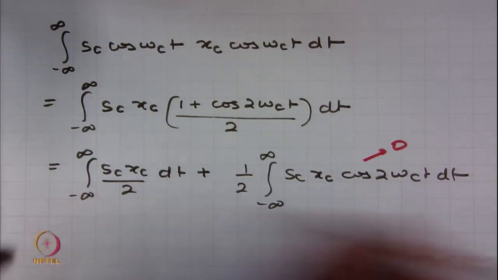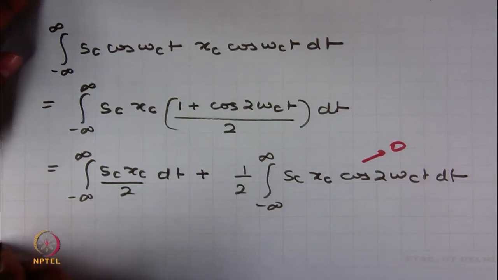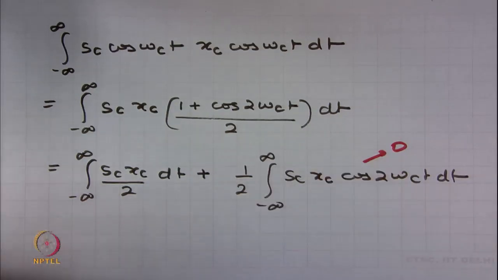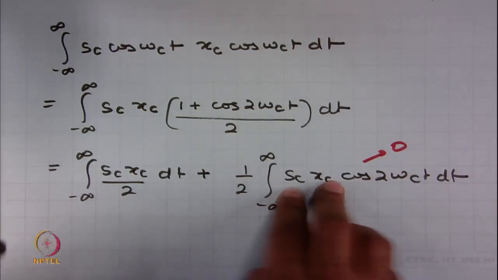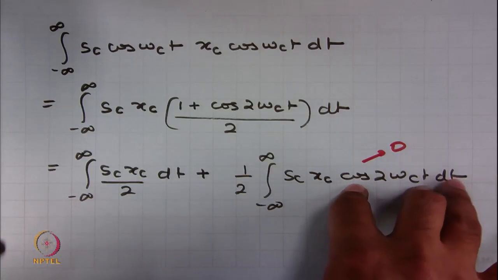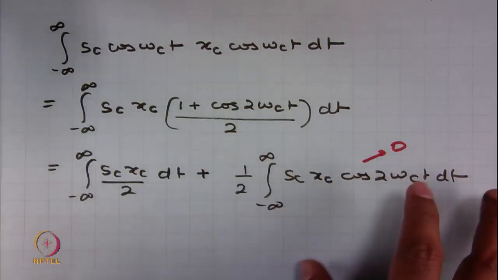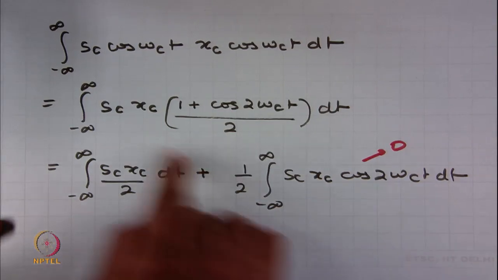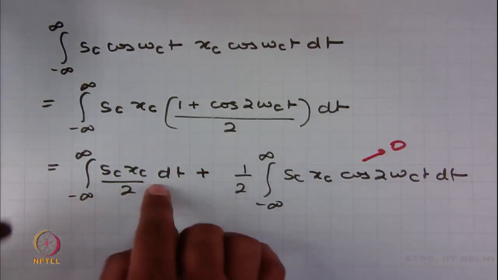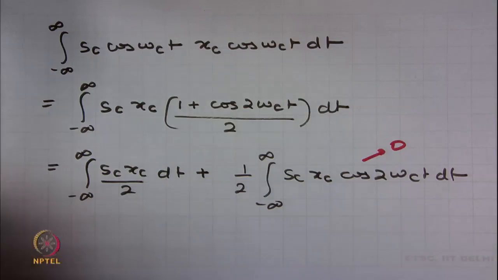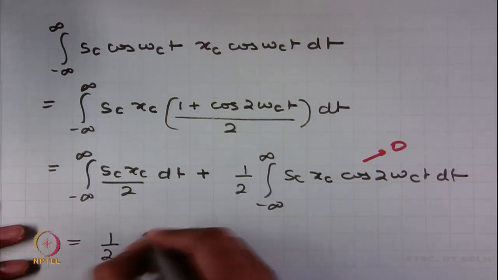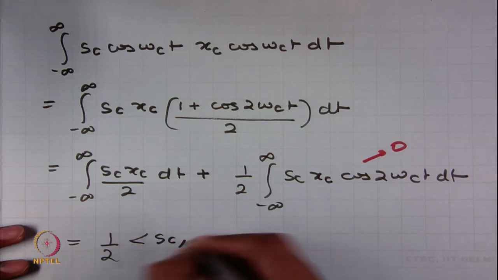If it is not clear, I would urge you to look at the proof of the property 1. The idea is very simple. Baseband signals, this is a passband signal at 2 omega c, no overlap in the spectrum, and hence this integration would turn out to be 0. What you then end up with is this quantity, and what is this? This quantity is nothing but half times the inner product of SC with XC.